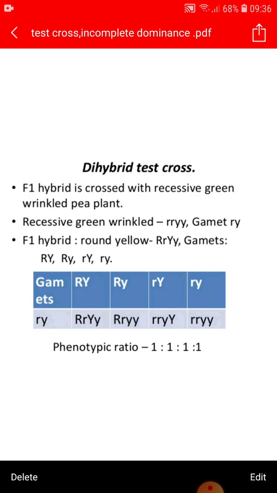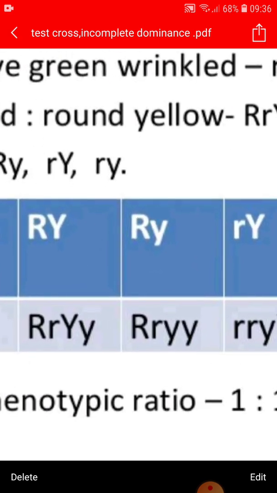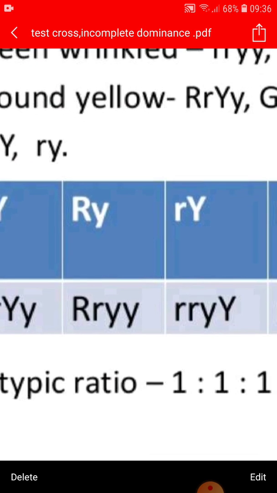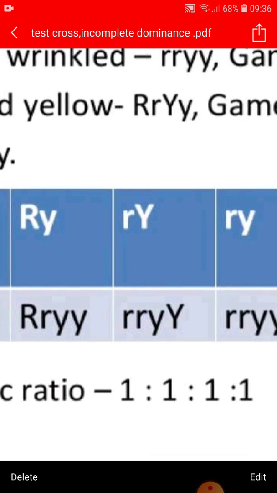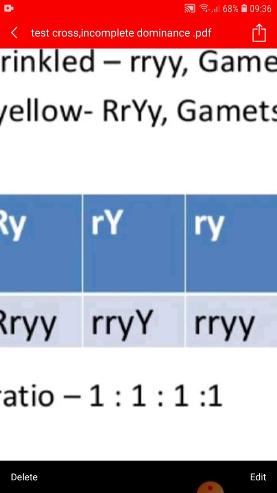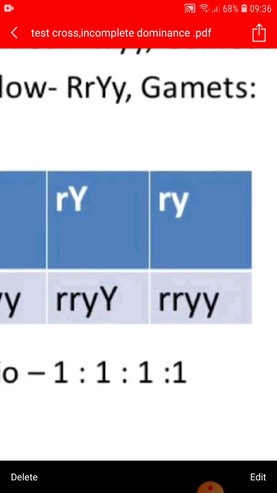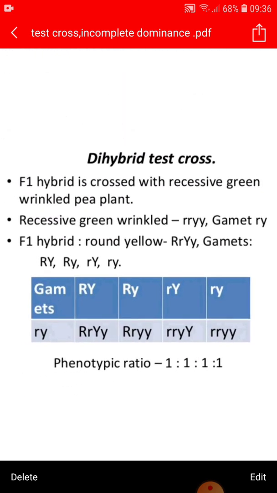You can look at this diagram. Capital R small r, capital Y small y; capital R small r, small y small y; small r small r, capital Y small y; small r small r, small y small y. So here the phenotypic ratio of the dihybrid test cross is 1:1:1:1.